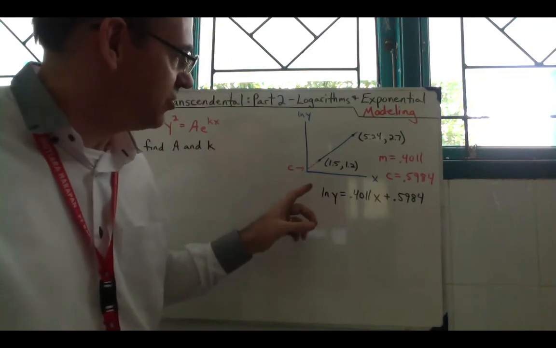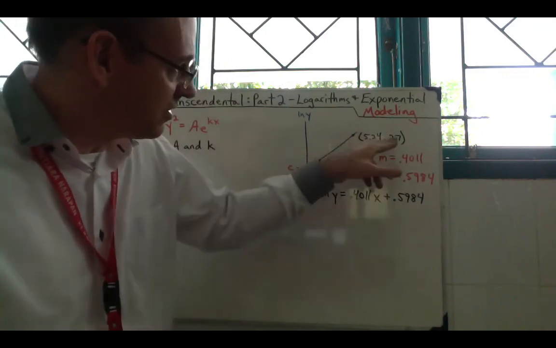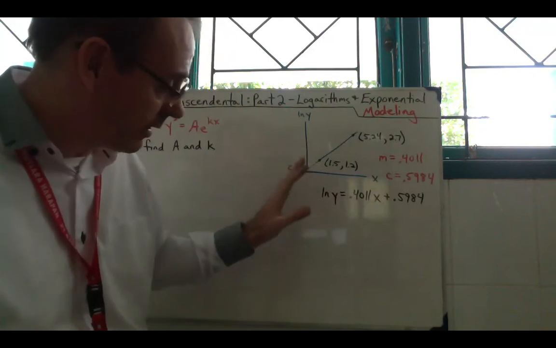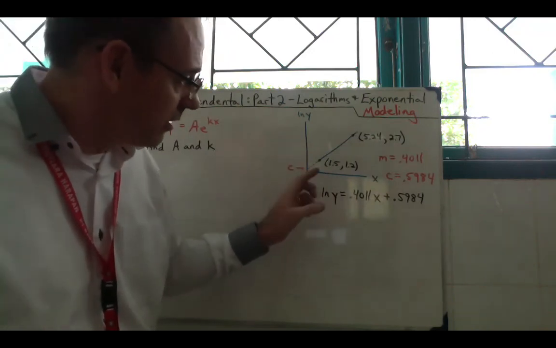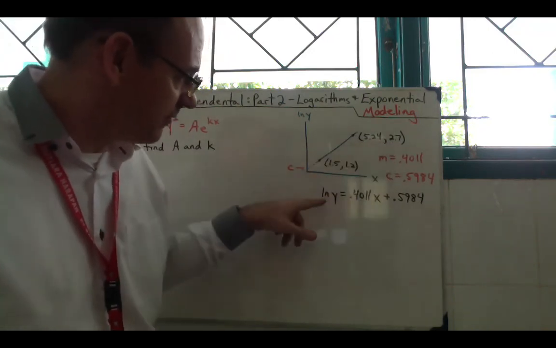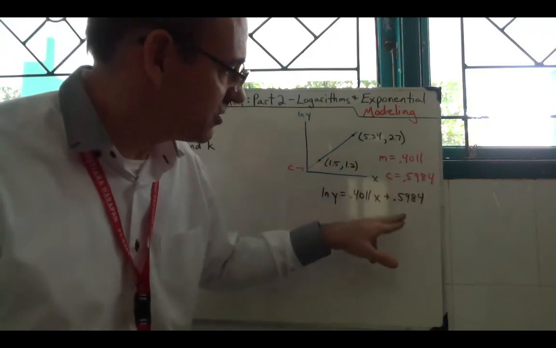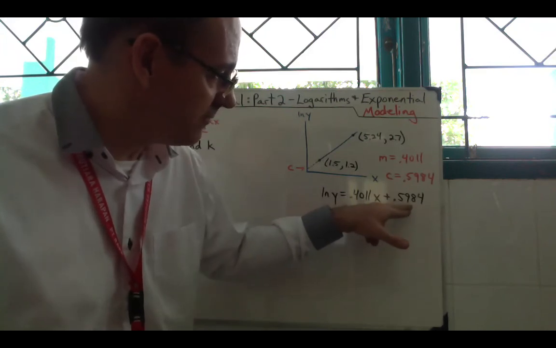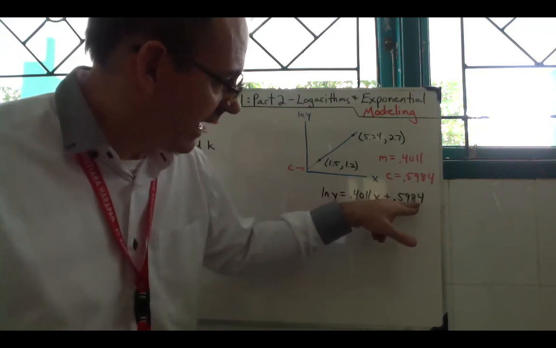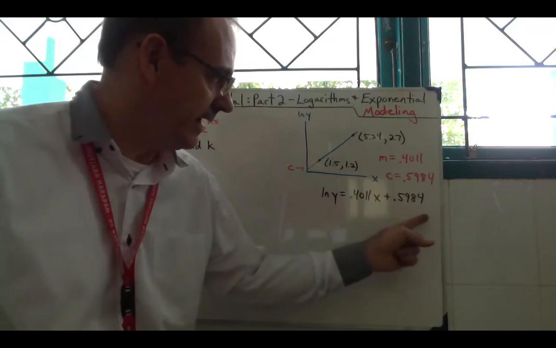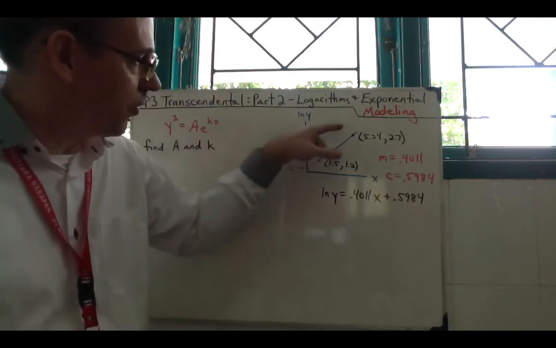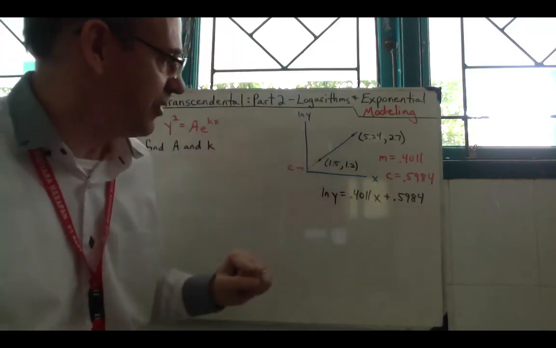So you have to make sure these values are ln y already. So if you plug in one of these for ln y and x, you get your y-intercept to be 0.5984. So this is our linear model for this straight line.